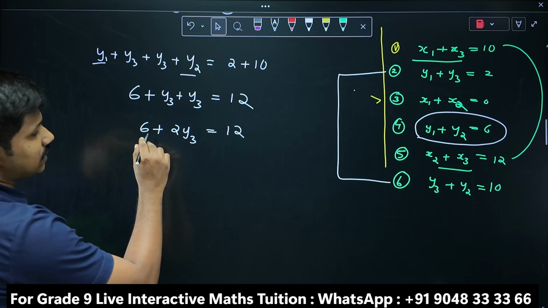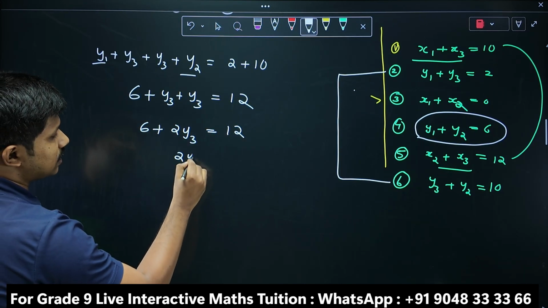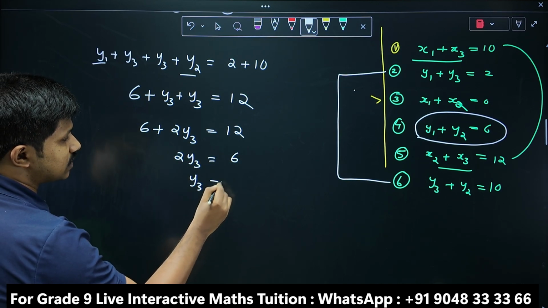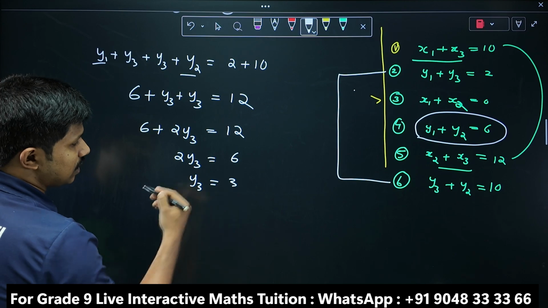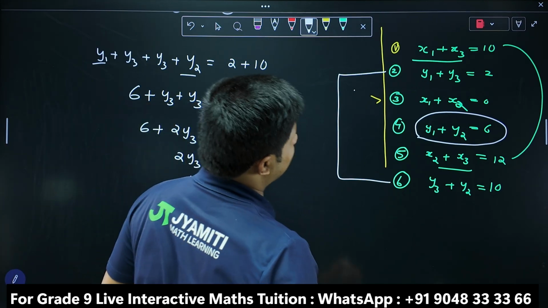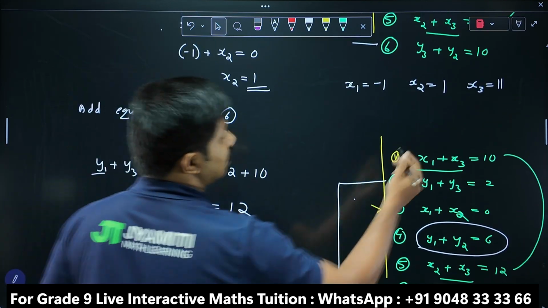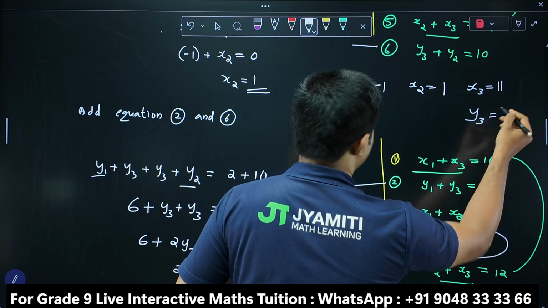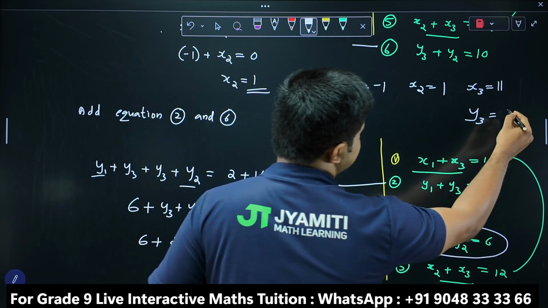Now bring the 6 to the right side. 2y3 equal to 12 minus 6, which is equal to 6. y3 is equal to 6 divided by 2, which is equal to 3. So we got the y coordinate of the third point, which is 3.